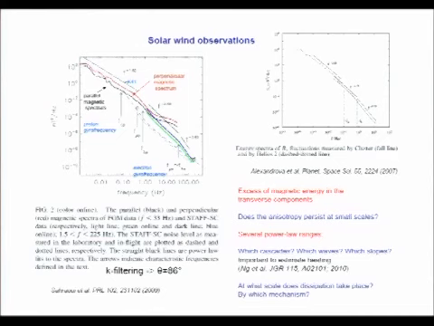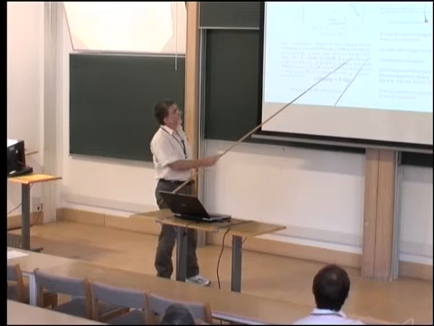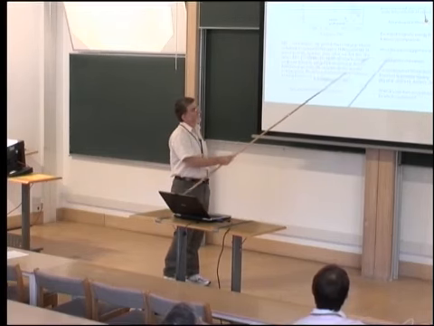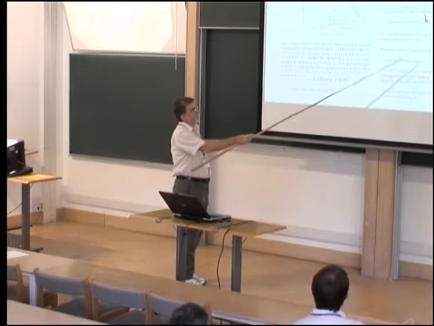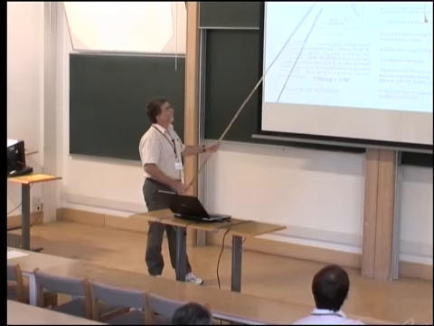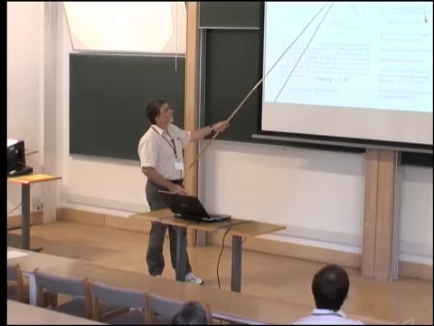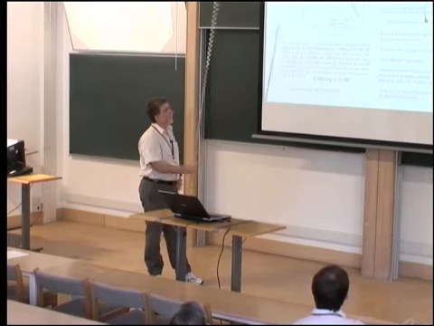So even at that scale, the anisotropy is extremely high. The fact that we have is that there is an excess of magnetic energy in transverse components. The question about anisotropy, does it persist at small scales, is partially answered here, but the question is what happens when you go down to smaller scales.